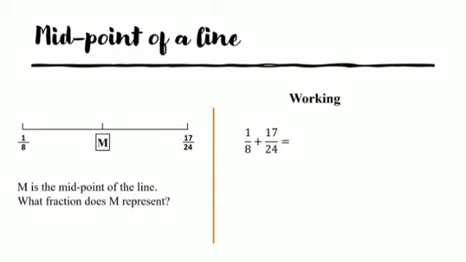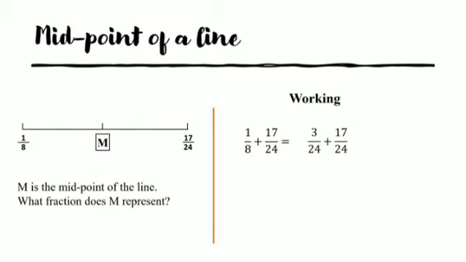Note that these two fractions do not share the same denominator. This means we have to bring them to the same family, the family of 24ths in this case, so that 1/8 would be equal to 3/24.